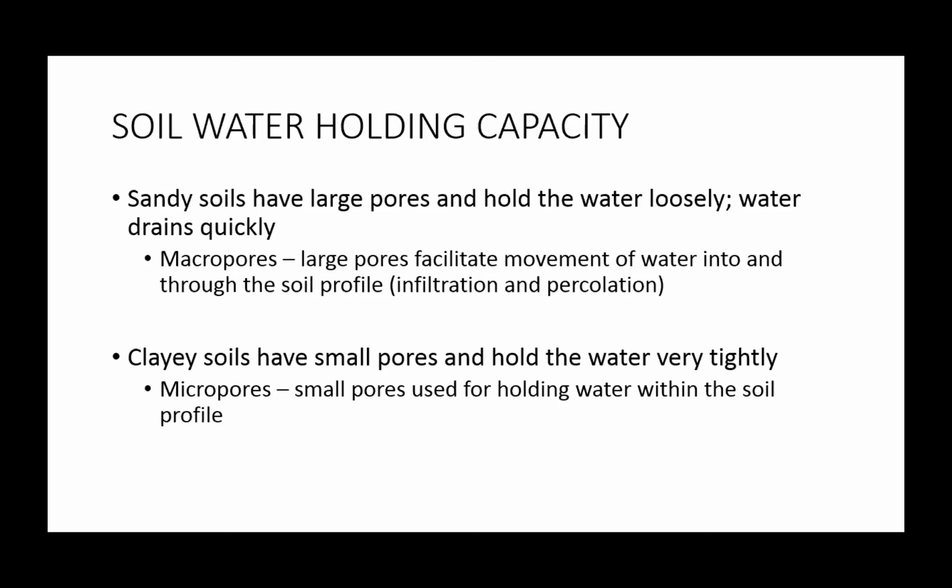Otherwise, we're going to have saturated conditions, and the plant still couldn't access the water. So we want something in between. So ideally, a silty texture, or improve the structure on our fine textured soils. Sandy soils are just going to be tricky to deal with, but organic matter could help keep some of that water there because it'll take in water like a sponge.